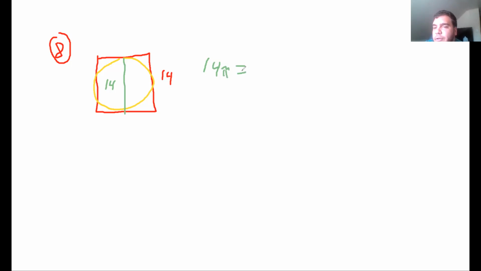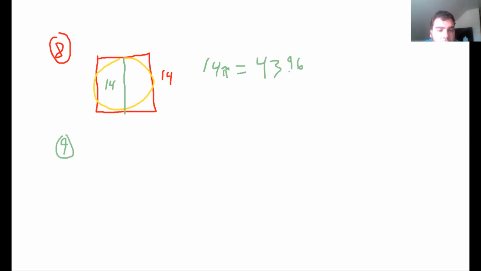I could just pull out my calculator, but that's all you have to do. So you have to see that the side of the square causes it to be the diameter of the whole circle. And 14 times 3.14 is 43.96. Okay, so that was number 8.